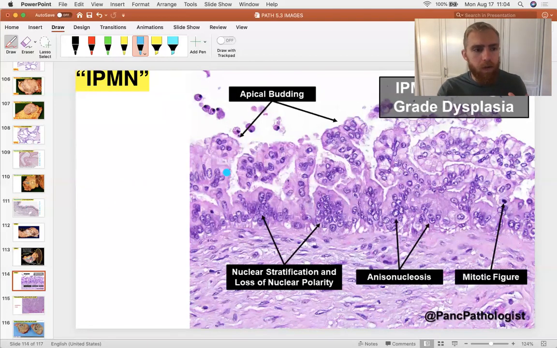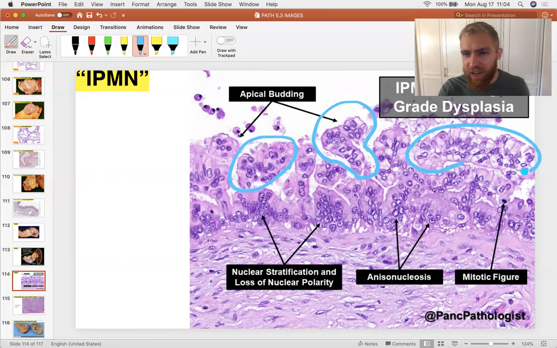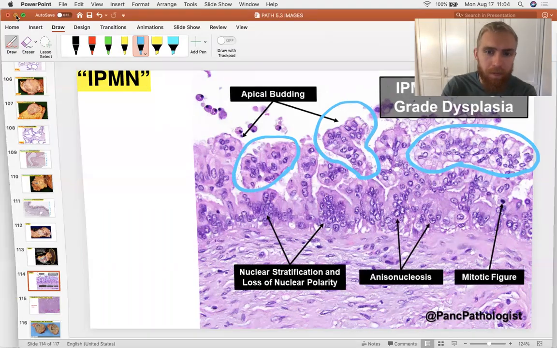So here's that IPMN on histology. Again, how are we telling them apart? The squishiness, the cuboidalness of the epithelium, because if it's mucinous, it'll be columnar, but if it's this, it'll be flatter.